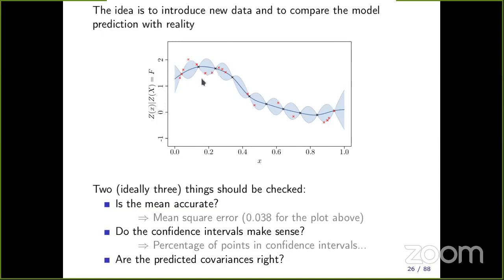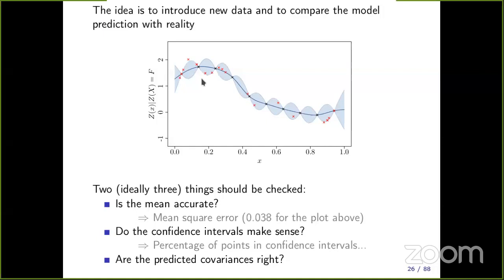The model also provides its own measure of confidence, so we should check that too. A simple criterion could be the percentage of points that end up in the 95% confidence intervals. We would like this percentage to be around 95, obviously, but that can give you an insight if the model is too overconfident or underconfident about the predictions it's making.